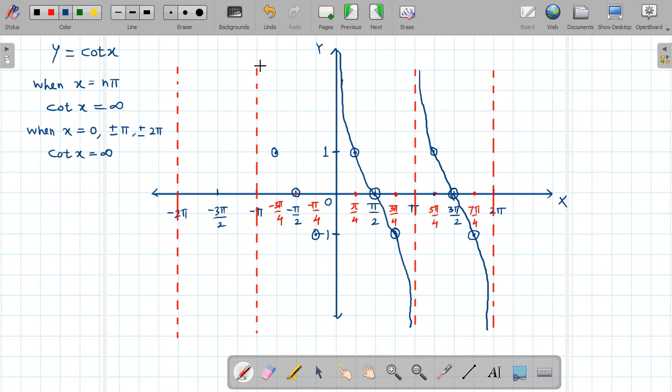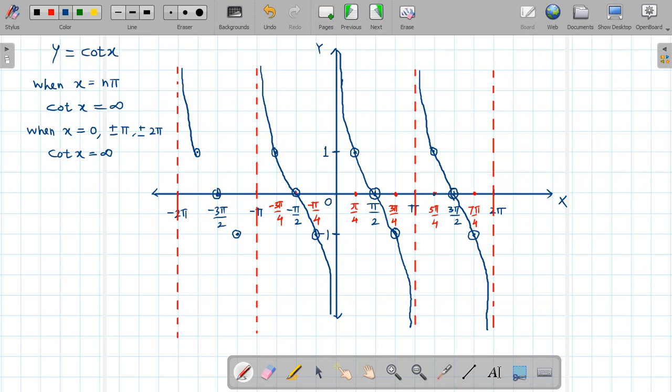So you have to join like this. Similarly, here also you will get the curve between minus pi to minus 2 pi. If you write here properly, check this, then you have to join the curve like this.